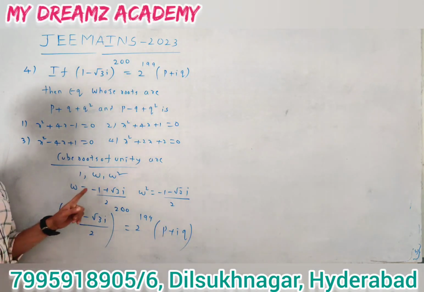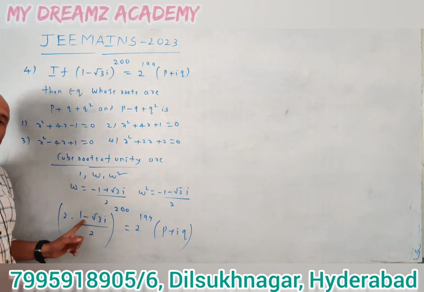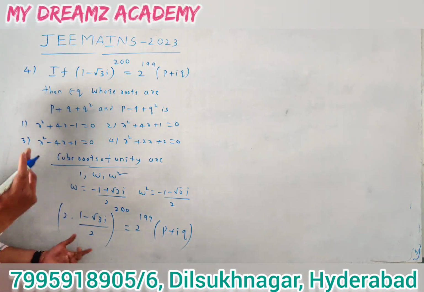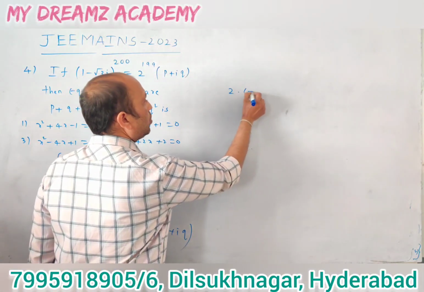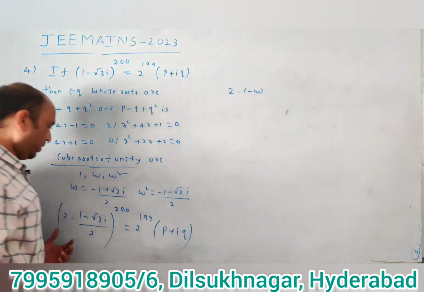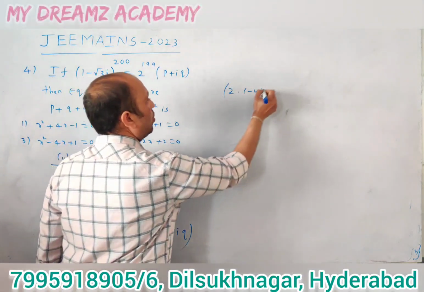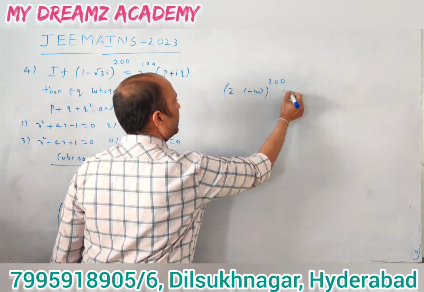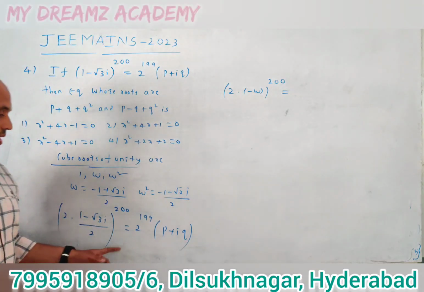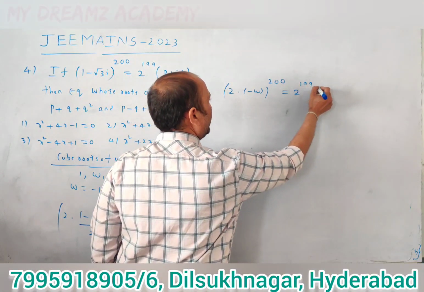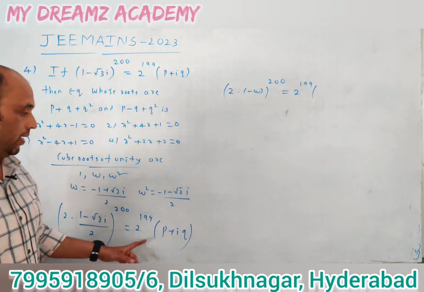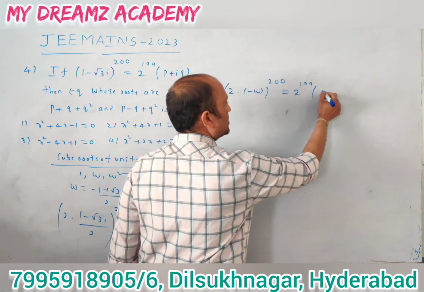So omega equals minus 1 plus root 3i by 2, and 1 minus root 3i by 2 is nothing but minus omega. So 2 into minus omega, whole to the power of 200, is equal to 2 power 199 (p plus iq).